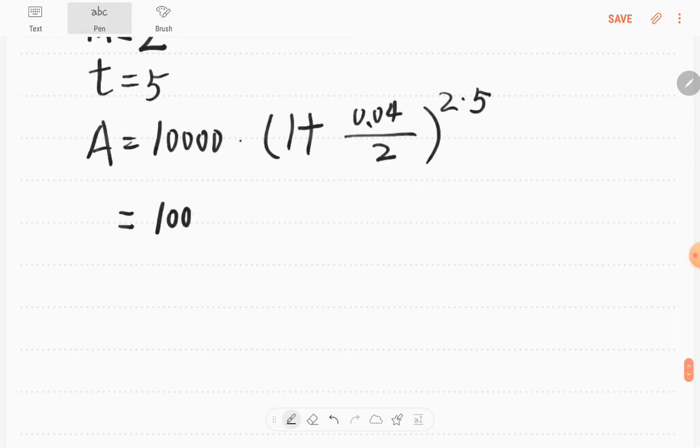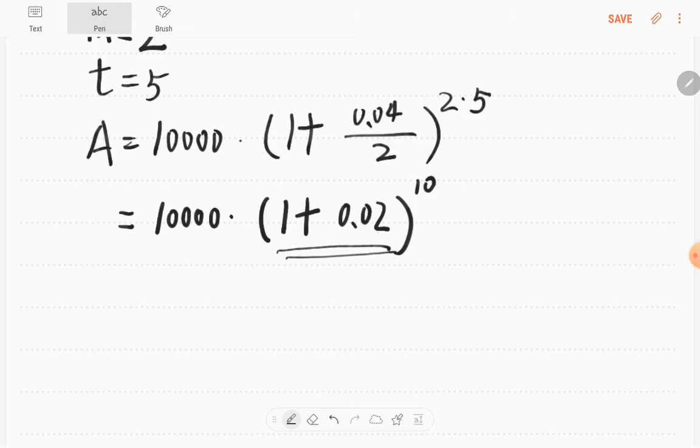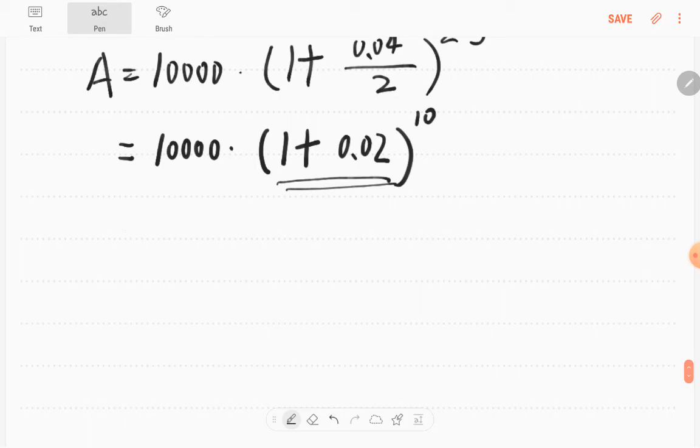Okay. So this is 10,000 times 1 plus, so what is 0.04 divided by 2? It's 0.02, right? Then to the power 2 times 5. 2 times 5 equals 10. Then we add this one. Let's look at the base for this exponential. So this is 1.02 to the 10.